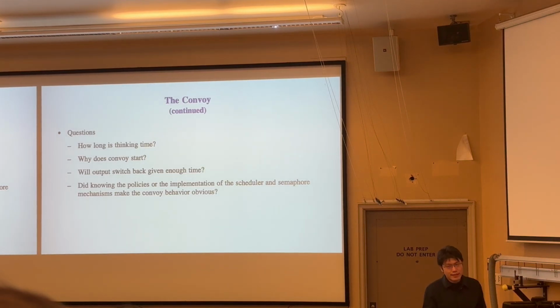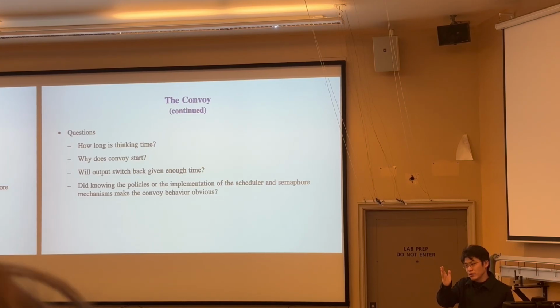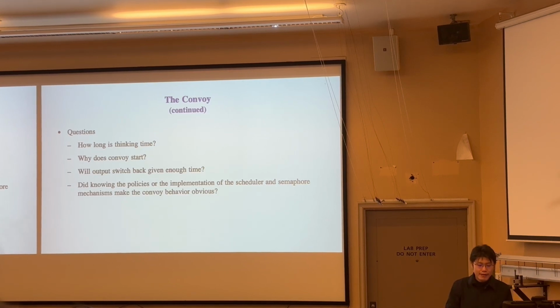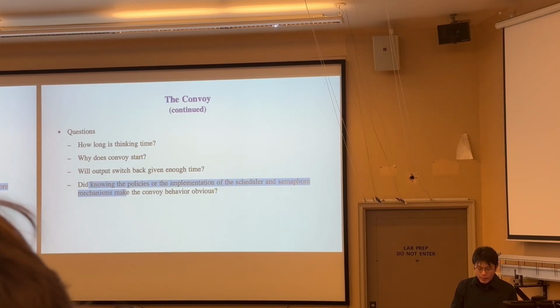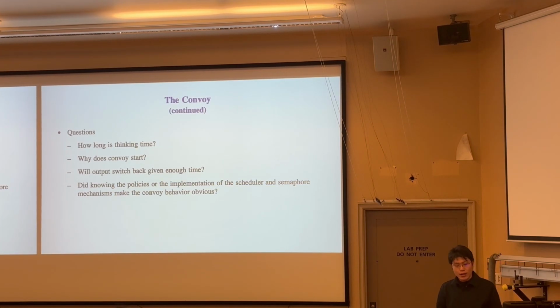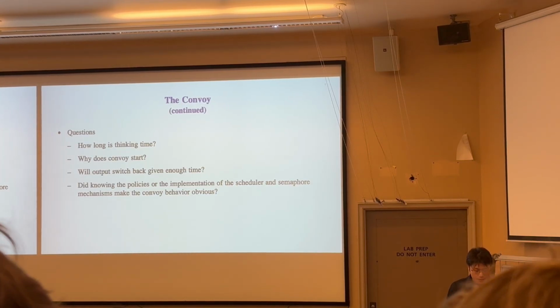So the system will easily get stuck in this state where you print ABC. It's very easy to get stuck in this state. Right? So knowing the policies of the implementation of scheduler and semaphore makes the common behavior obvious. This is another question for you guys to think about.